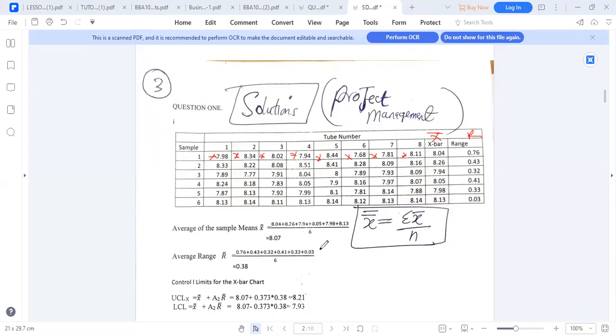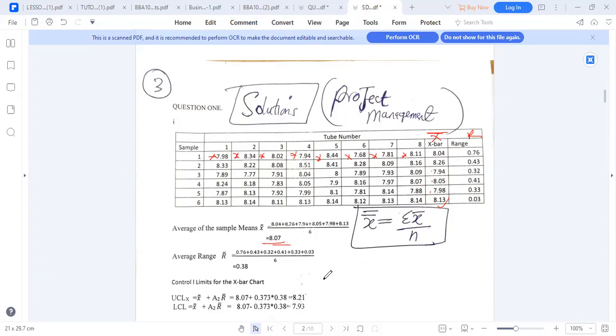So our X bar 2 is the summation of all these ones, divided by how many they are, 1, 2, 3, 4, 5, 6. So we're getting 8.07. That's our X bar 2. Our X bar 1 is on top there. All right, so that is our finding there.